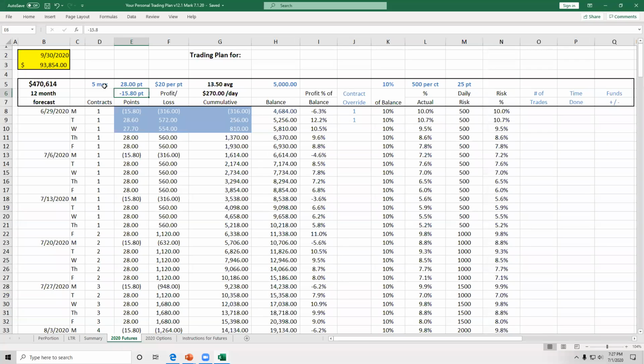Here's the bottom line. If you max out at 5 contracts, like you're allowing yourself to trade 10% of your account value in contracts on NQ. If you max yourself out at 5 contracts, that's a pretty strong number in 12 months because you're using the trading plan to help you decide how many contracts to trade, how many points to plan for.